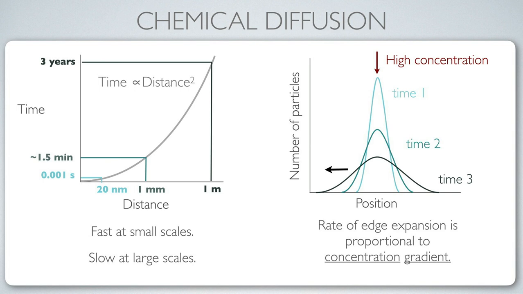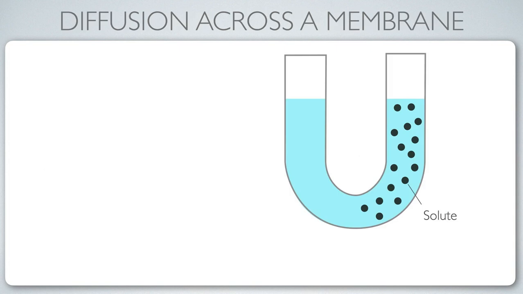All right, so most of our concern with regards to chemical diffusion has to do with the transport of molecules across a membrane. So for that, let's perform a virtual experiment, and that is one where we have a U-shaped tube. This is just a piece of glass with a bend in it, and it's open at the top here.